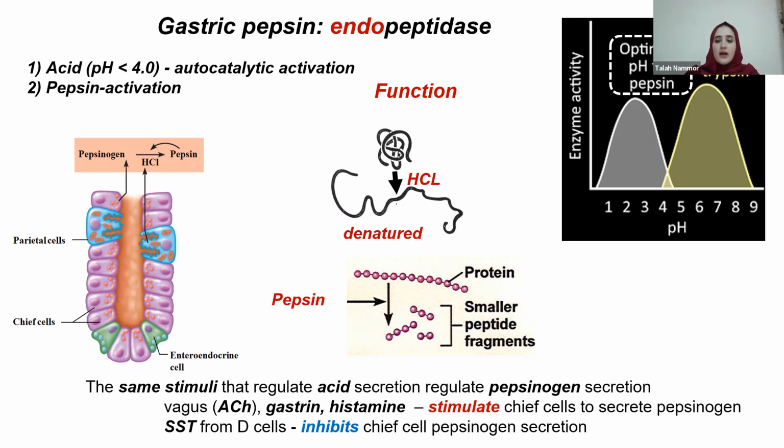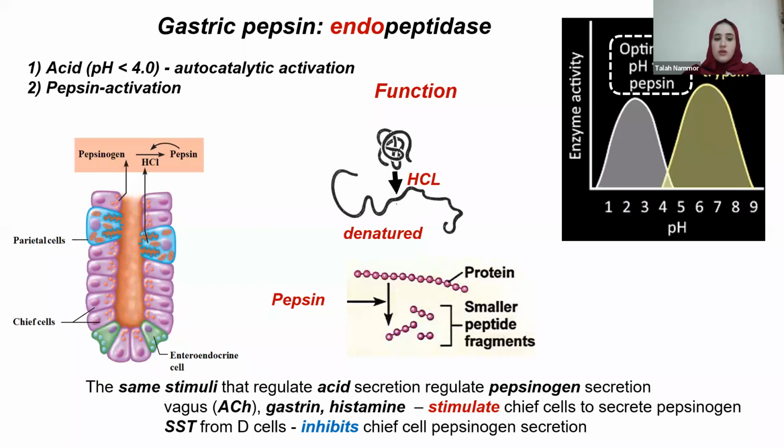Perfect. And I remember in the beginning, guys, you asked me what stimulates the release of pepsinogen from chief cells. The answer is that it's the same stimulus that works on the parietal cell. I'll go over it, guys. Gastric pepsin is basically the active form of pepsinogen.